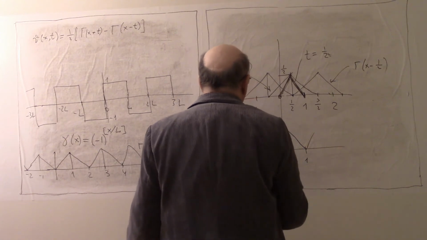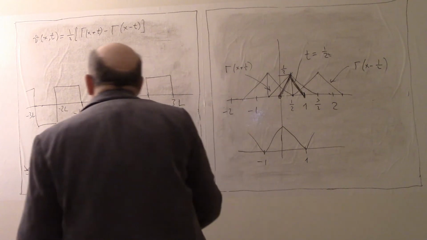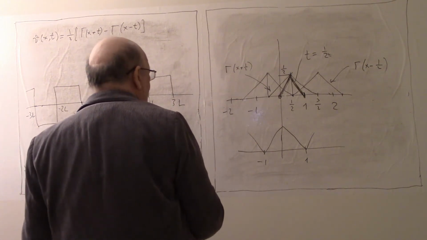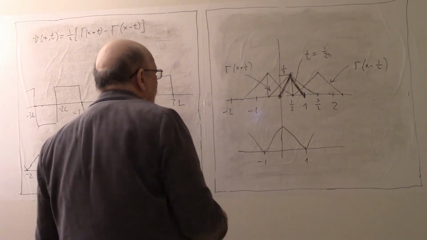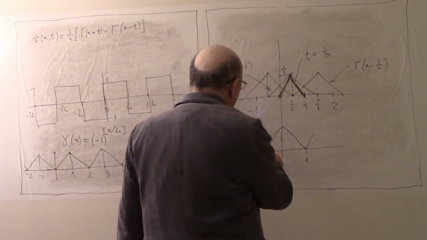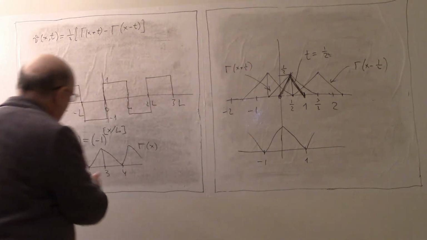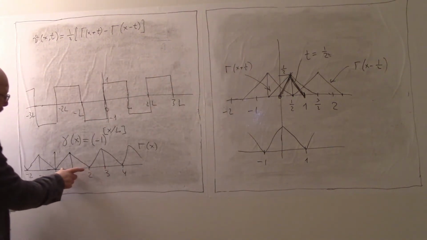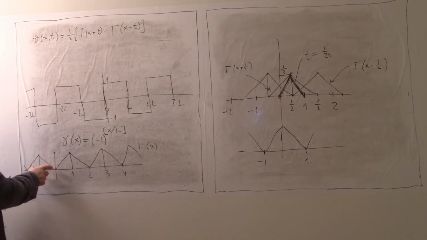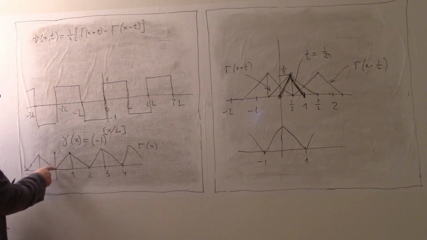It is gamma of x plus 1 minus gamma of x minus 1, which is the same, because here we moved it by 1 to the left, and if we move it by 1 to the right, then this tent will stay here.